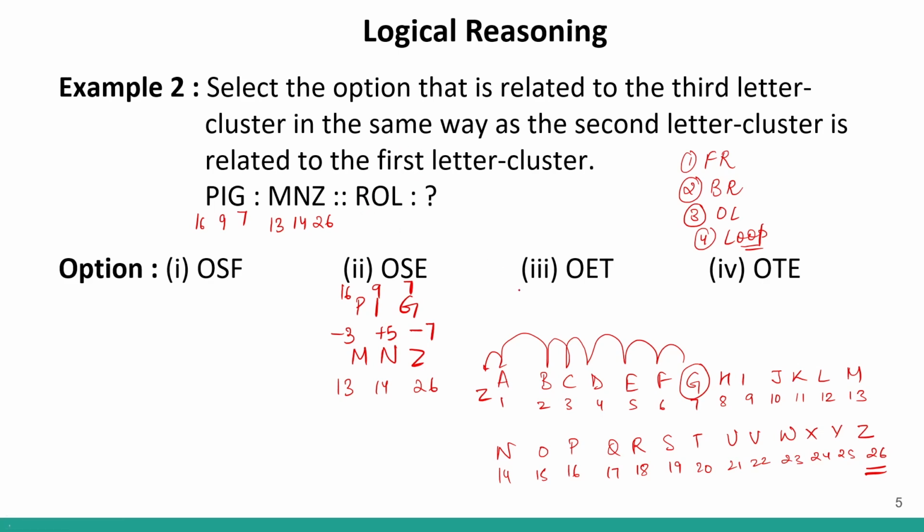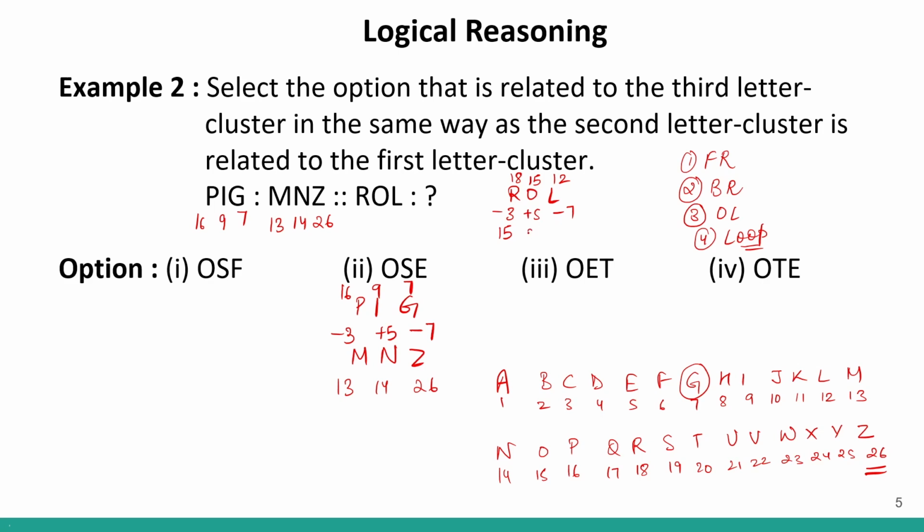I'll do the same logic for ROL also. For ROL, the forward ranks are how much? R is 18, O is 15, and L is 12. Correct? So I would have to go minus 3, plus 5 and minus 7. Minus 3 will give me 15.